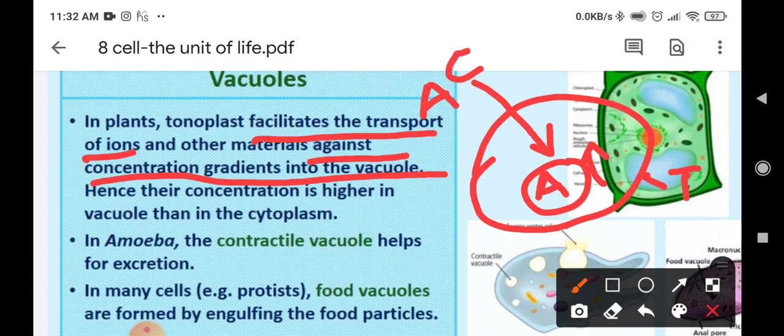So it shows that transportation is taking place, but it is against the concentration gradient. This is about the function of the vacuole present in higher organisms.